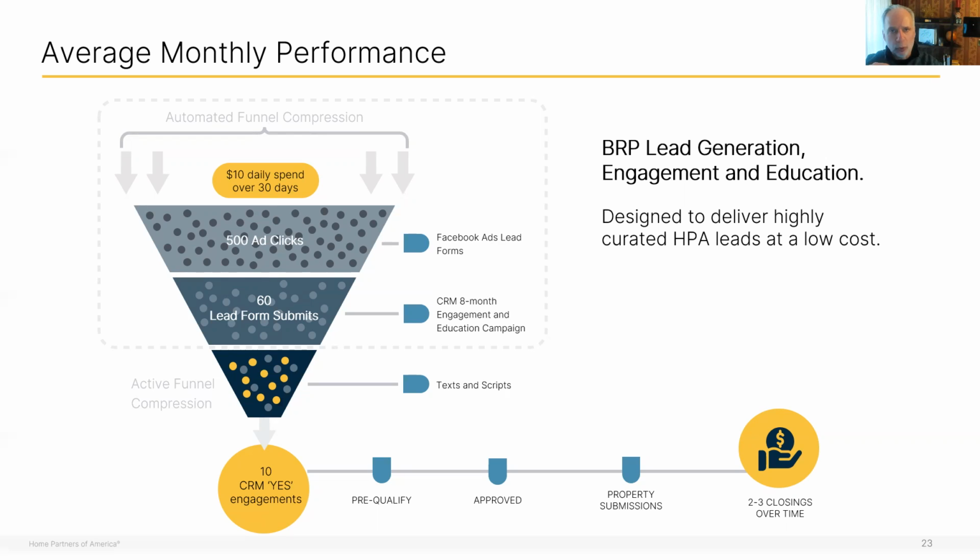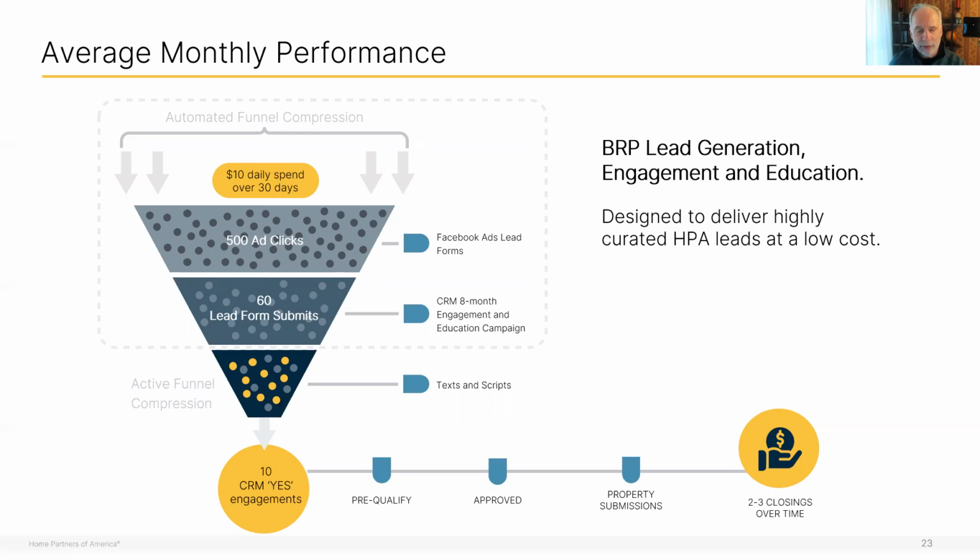For the automated funnel compression we talked about, it's the combination of the Facebook ads, the lead forms with those 2 questions: when you're looking to move, how much rent are you looking to pay, drip into the 8-month drip campaign into your CRM system, a combination of emails, videos, and texts with a high concentration in the first 6 days, meant to engage and educate the consumer on who is Home Partners, what is lease purchase, what are the qualifications for lease purchase, and then who are you as their trusted advisor.